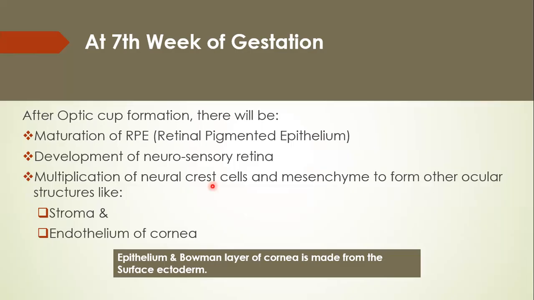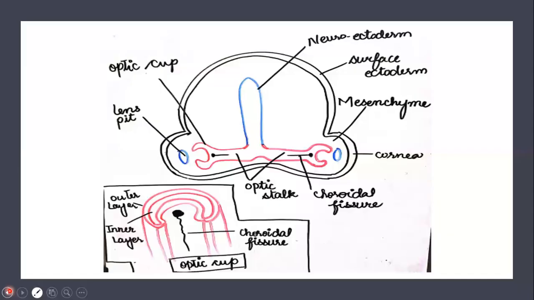Now, what are neural crest cells? We will move backward. Moving backward over here, you can see this is the neuroectoderm, right?